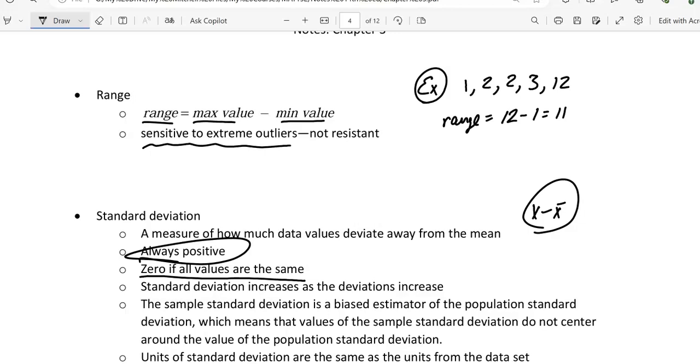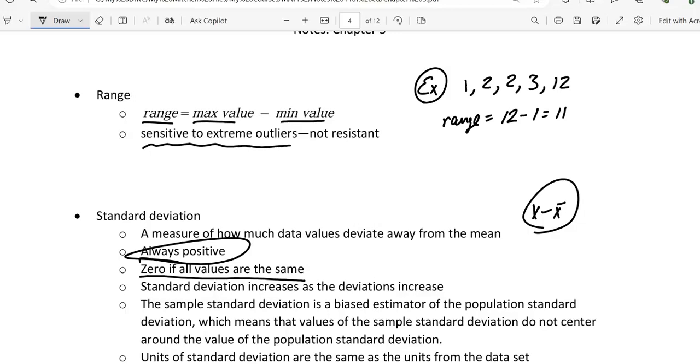And the standard deviation is actually called a biased estimator for a population. So if we take a sample standard deviation and compare it to its population standard deviation, they're not going to be the same. We say it's unbiased if they're the same, which means that that sample statistic targets that population statistic.